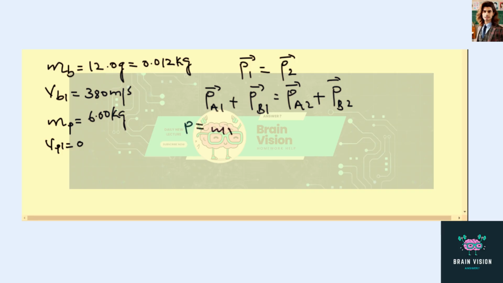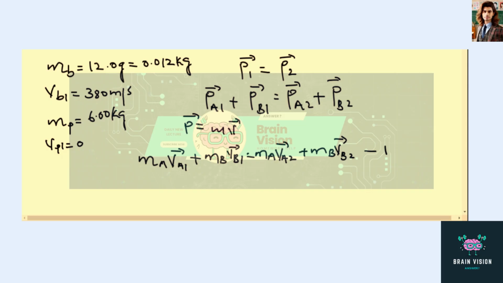Therefore we can write the collision equation in the following form: MA times VA1 plus MB times VB1 is equal to MA times VA2 plus MB times VB2. Let's call this equation number 1.